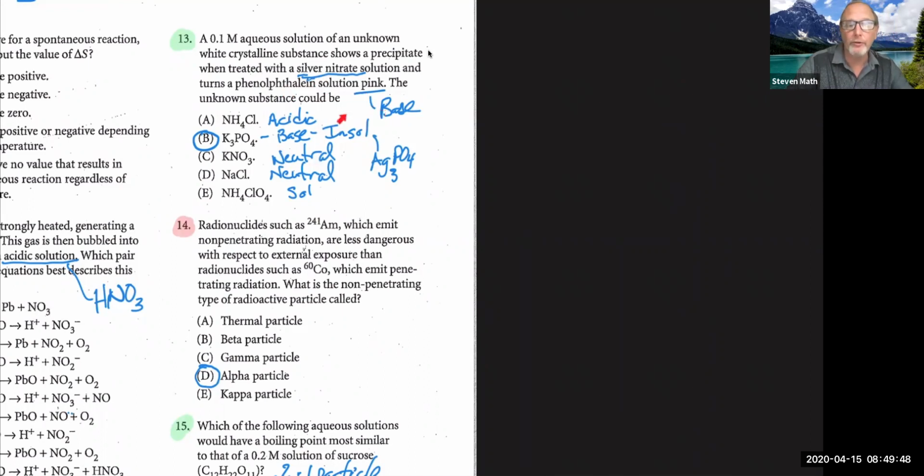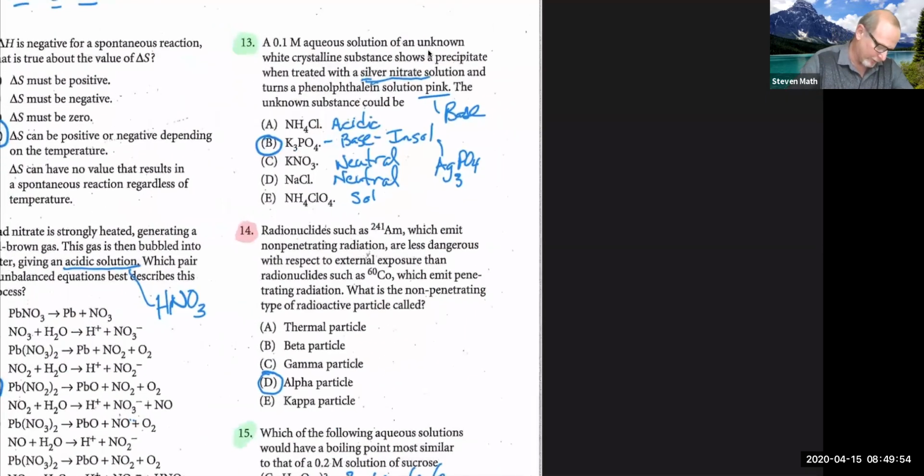So now let's go through each of these. Each of these is a salt. These are all salts. We need to figure out whether they're acidic salts or basic salts. NH4 and Cl, that's going to be acidic because NH4 comes from a weak base.